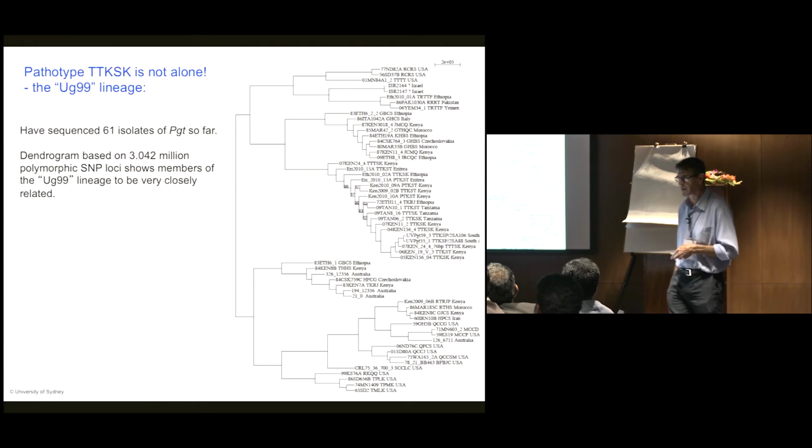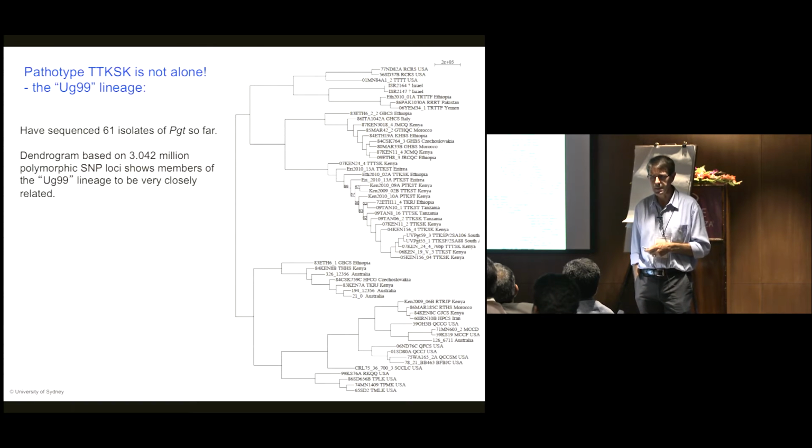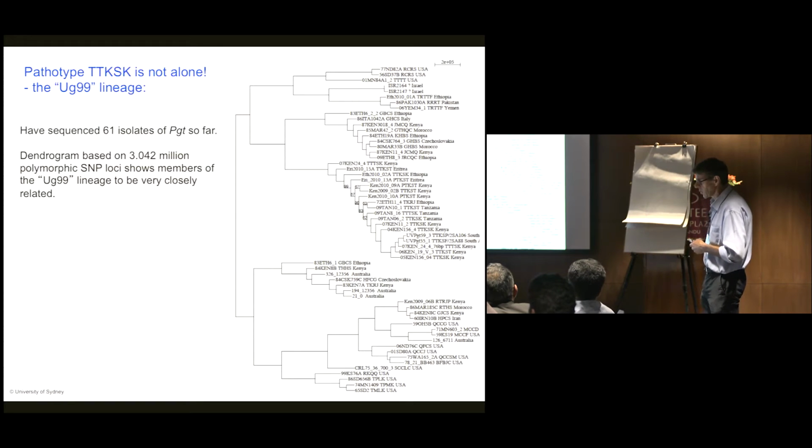I think some of you would have some familiarity with DNA fingerprinting, right? So we can actually do DNA fingerprinting using sequence information or markers like microsatellites. And the DNA fingerprinting helps us to resolve, let's say, genetic relatedness of rust isolates. So this is what we call a dendrogram, a tree, showing 61 isolates of the wheat stem rust pathogen, Puccinia graminis tritici, that have been sequenced.